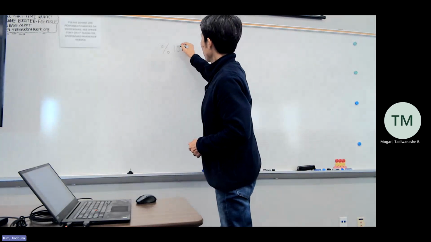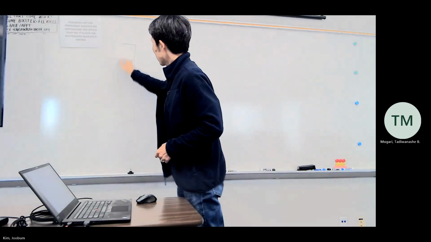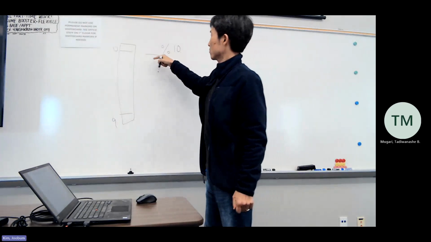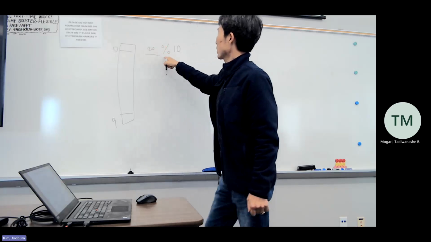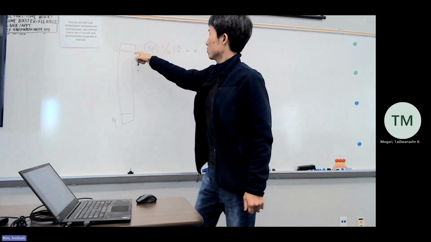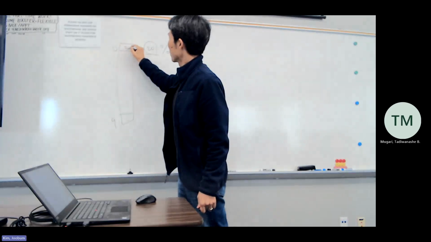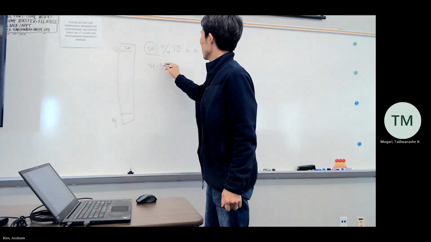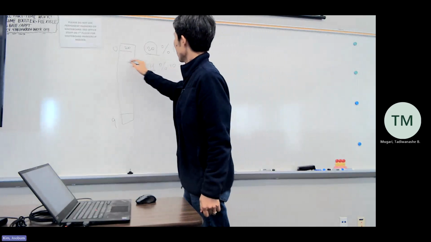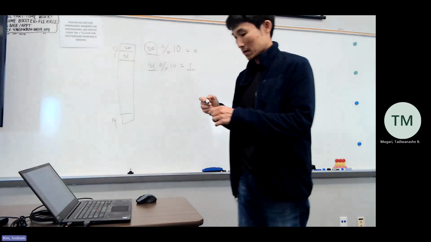If you have an array of 10, maybe indices 0 to 9, and some key value, maybe 20, then 20 modulo 10 is 0, so 20 will be inserted at index 0. Maybe 21 modulo 10 is 1, so 21 is inserted at index 1. So like this. This is hashing, okay?